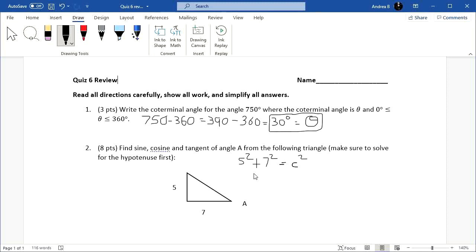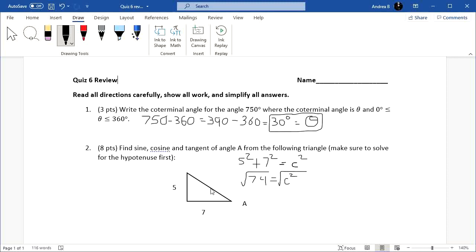So here, if we go through and do that, we're going to get 74. 5 squared is 25, and 7 squared is 49, and then we add those together. And that's still equal to c squared. So then we need to take the square root of both sides to finish solving for our hypotenuse, our side c.